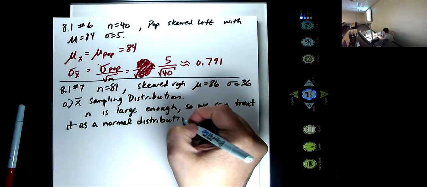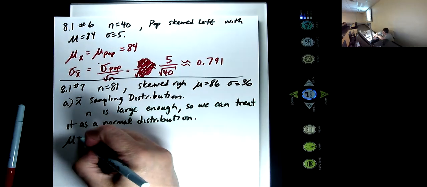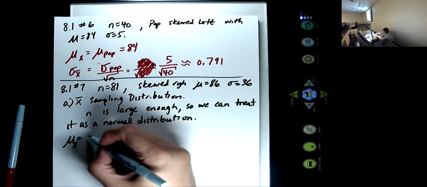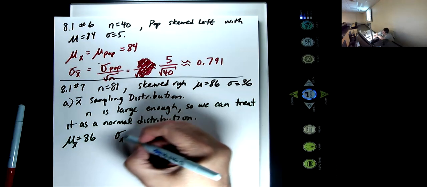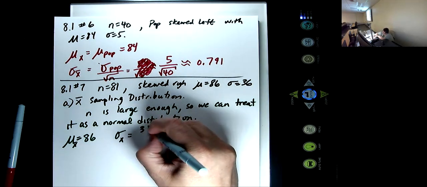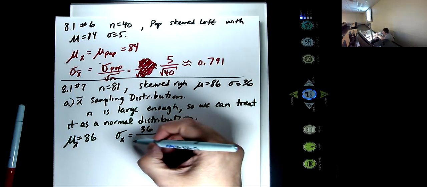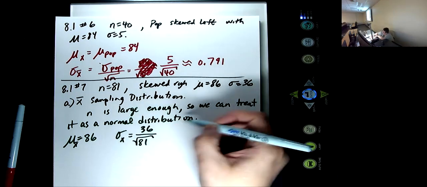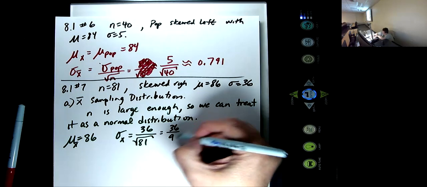Our sampling distribution, we only need to make the slightest of edits. The mu of the sampling distribution is the same as the mu of the population, and the standard deviation of the sampling distribution is a little bit less. It's 36, which is our standard deviation for the population, divided by the square root of n. This is 36 over 9, which equals 4.